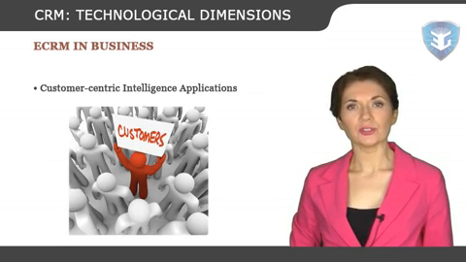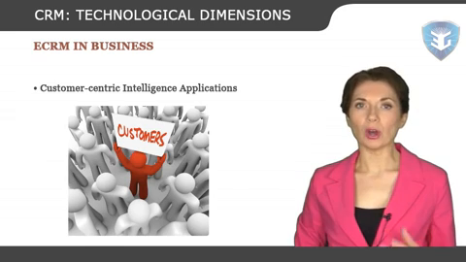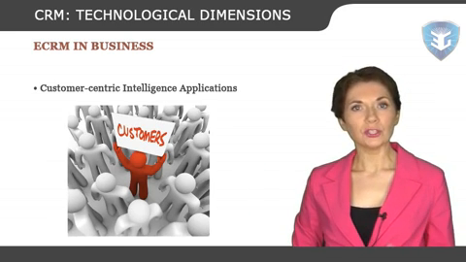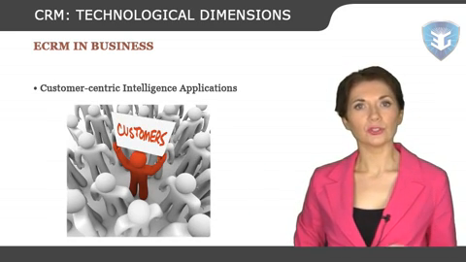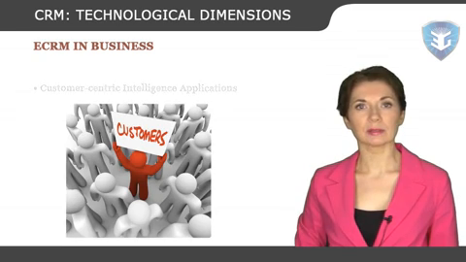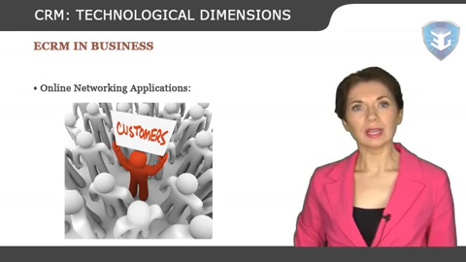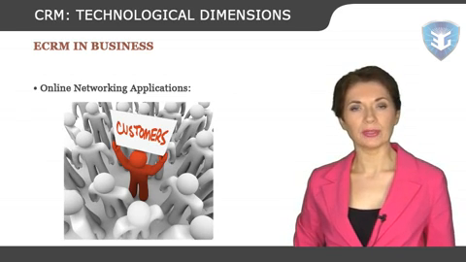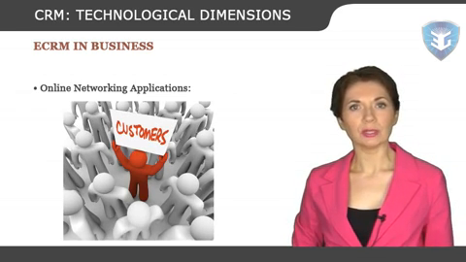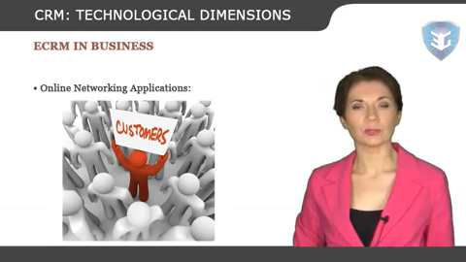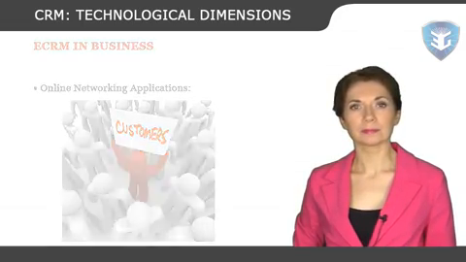These are applications that analyze the results of operational processing and use the results of the analysis to improve CRM applications. Online networking applications. Online networking refers to methods that provide the opportunity to build personal relationships with a wide range of people.